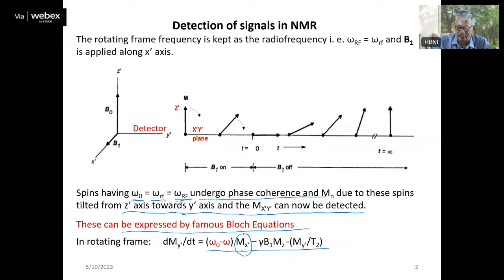This is the gyromagnetic ratio, this is the B1 magnetic field strength, this is the magnetization along the z axis, Mz, this is your magnetization along the y axis, and this is the relaxation time constant T2.